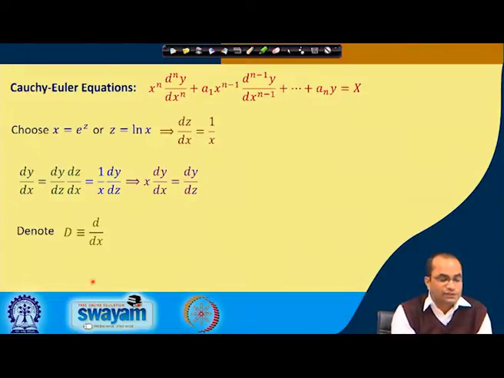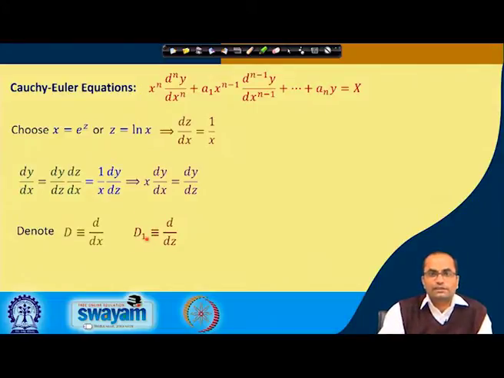If we denote this differential operator as D, that is d over dx, then x into D will be replaced by, first let me introduce D1 here, which is the operator d over dz. So, having these two operator notations, D1 will be used for d over dz, and D is the standard notation which we have been using from earlier lectures, that is d over dx.